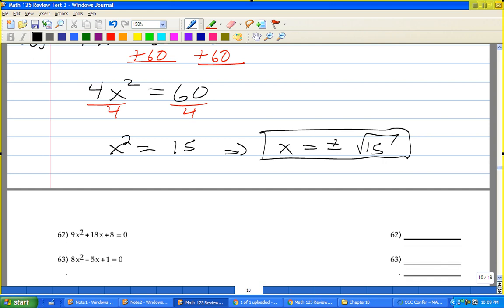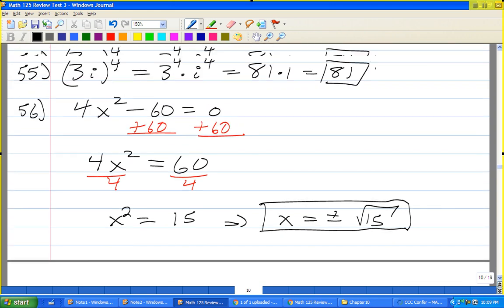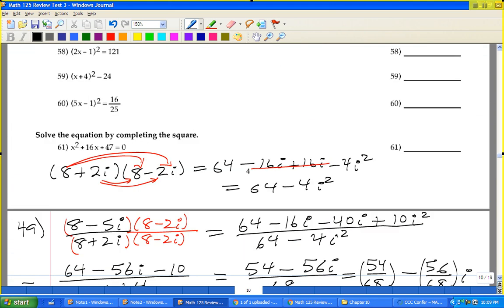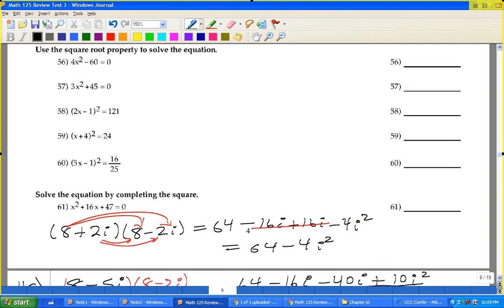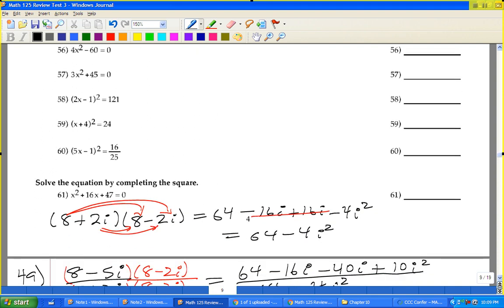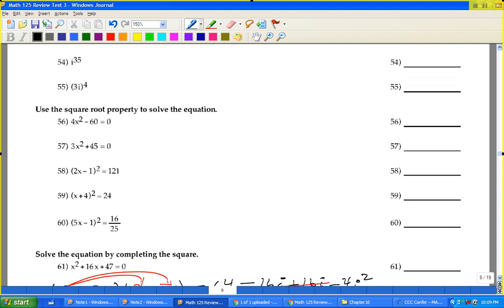Okay, let me do problem number 57. So I have here 3x squared plus 45 is 0.